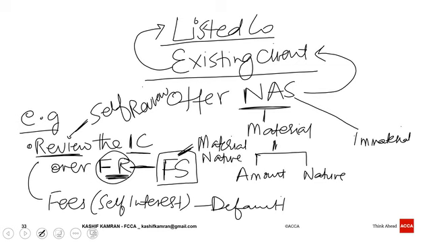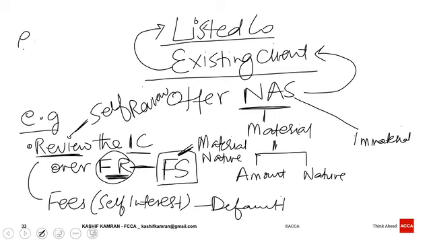So can I review the internal controls over financial reporting of a listed company? No, because it's material by nature, because financial reporting controls directly impact the financial statements. So in that case, I need to be very particular. I hope my example of reviewing the internal controls over financial reporting, and then the financial reporting connecting to the financial statement, is clear to the participants of this webinar. Muhammad Amir just answered your question. FR means financial reporting. So FR is the financial reporting.